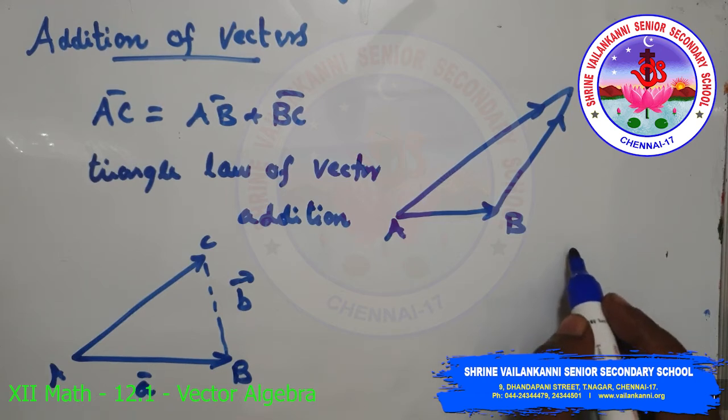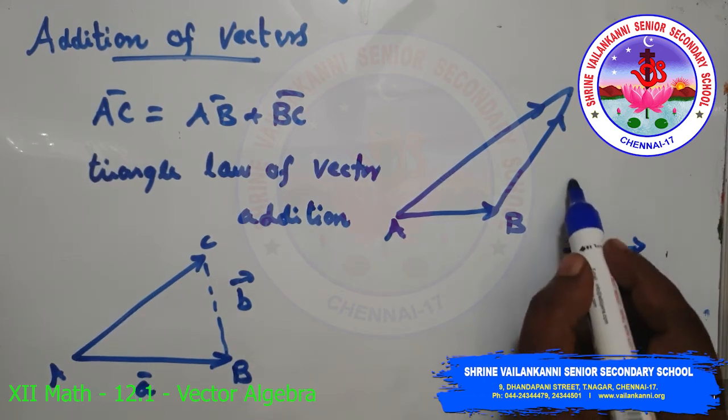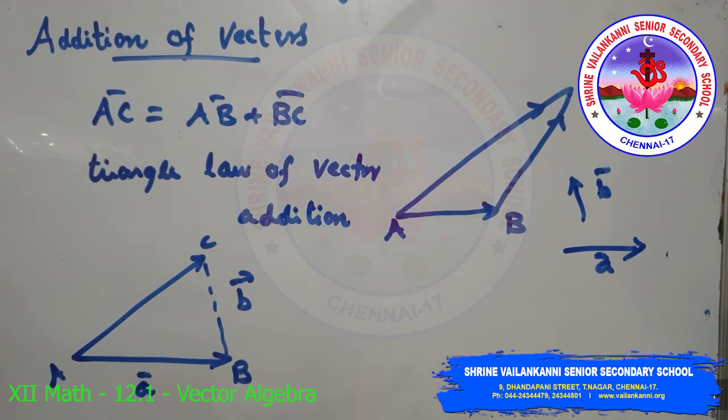In general, if we have two vectors A and B, then to add them, they are positioned so that the initial point of one coincides with the terminal point of the other.